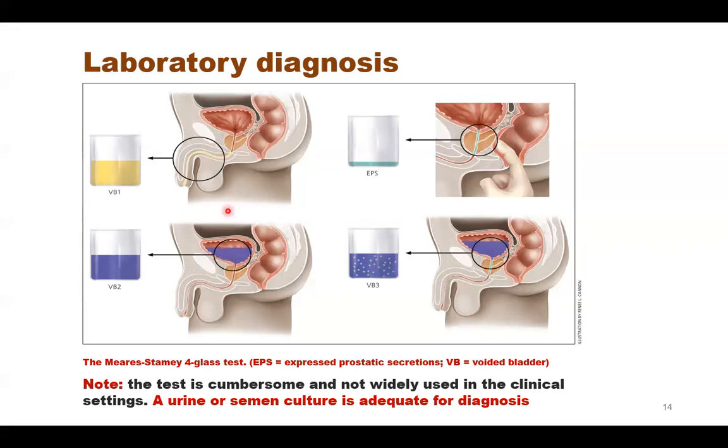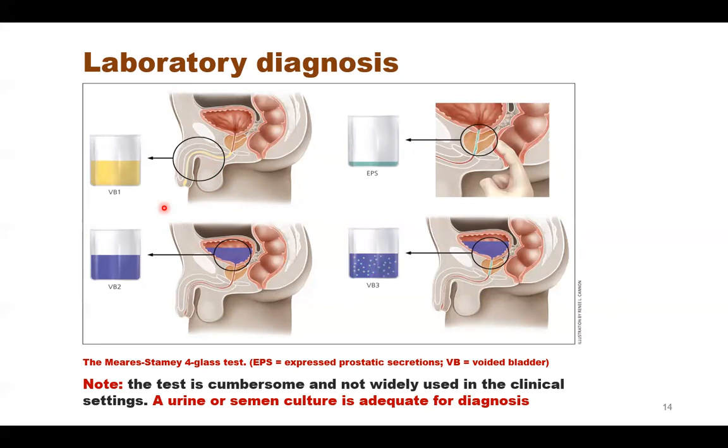You assume that the initial 10 mils has washed out whatever you have within the urethra. So after you collect VB1, you tell the patient to continue to void about 200 mils. Then you collect VB2. By then, VB2 is representative of whatever is present in the bladder.